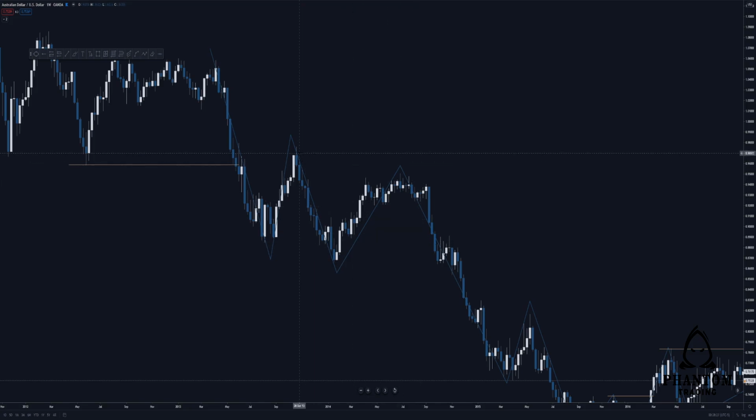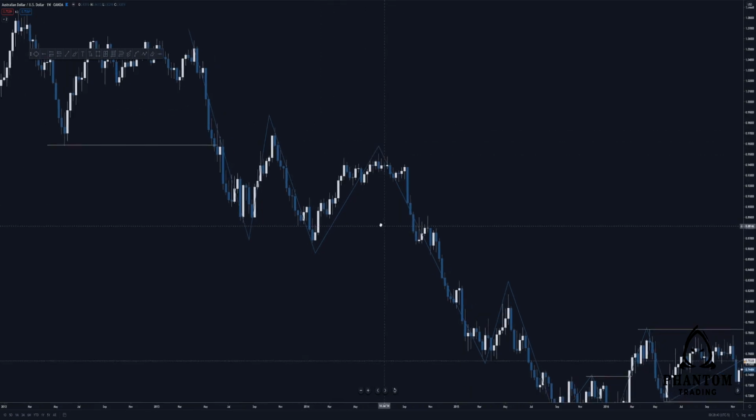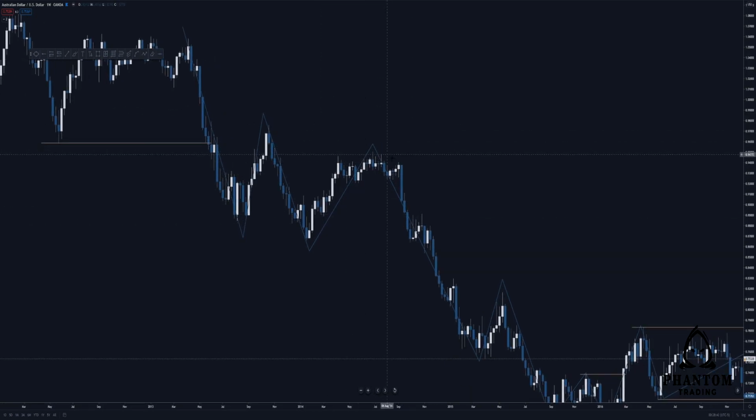And if you can understand the order flow of price, understanding that you shouldn't get a break to the upside because you've been continuing to break lower lows and forming lower highs, the expectation is that price will continue to break lower lows, right?